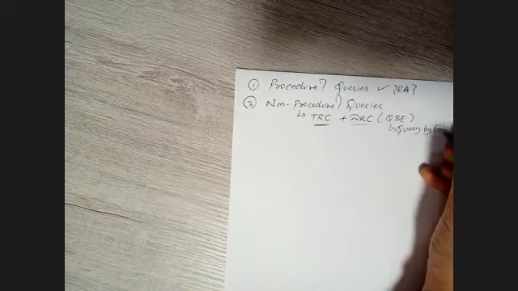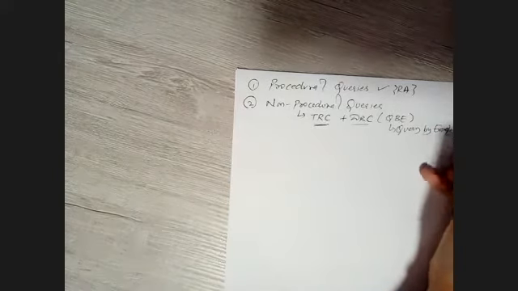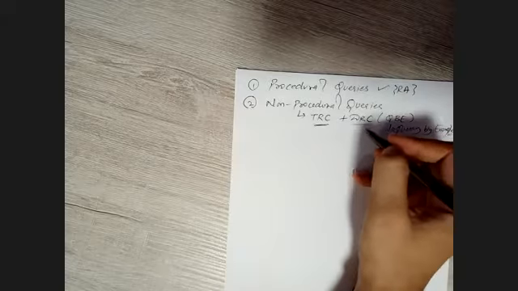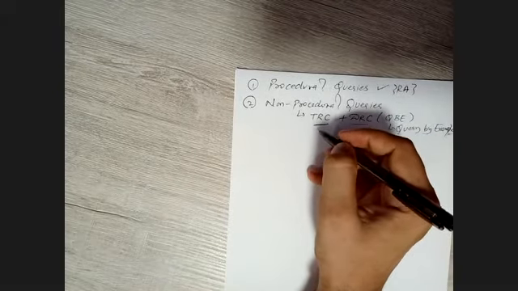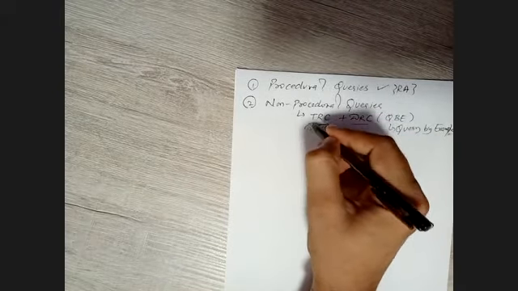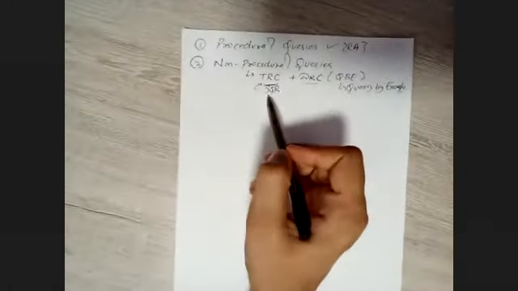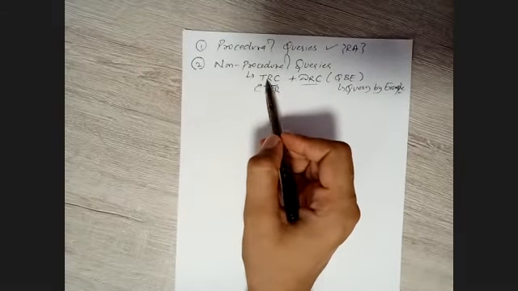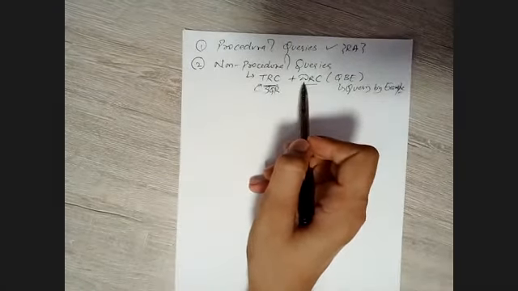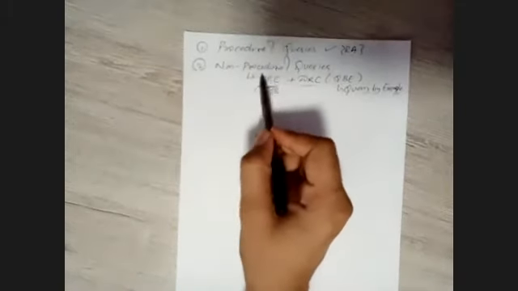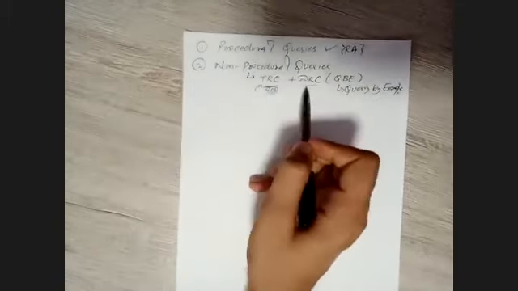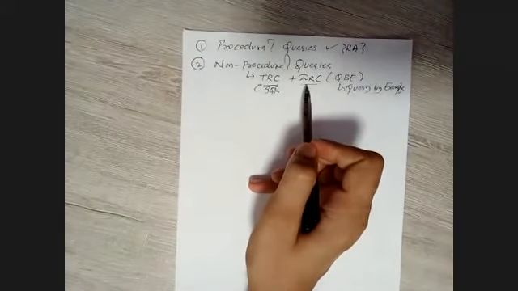So QBE uses DRC, but SQL, the structured query language, uses TRC. So keep this in mind: when we do SQL, we will be using the concept of TRC rather than DRC. We will see a bit more in depth about TRC, and DRC as an informational part. Hopefully you have understood this.